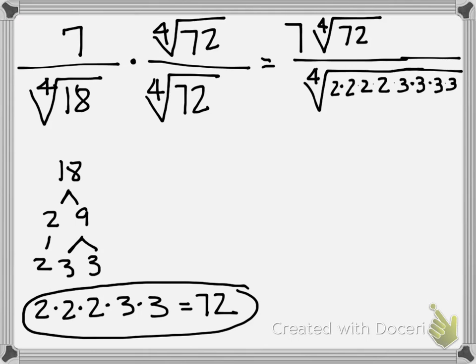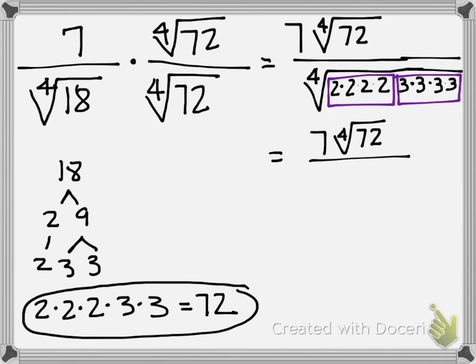Ladies and gentlemen, this is what the factors of 72 are, together with the factors of 18. That's what's under the radical sign, excuse me. So now we have a group of 2, which means 2 goes out, and a group of 3, which means 3 goes out.